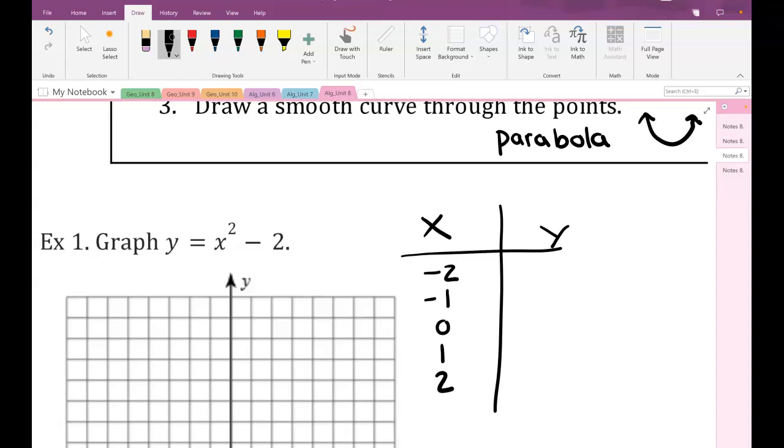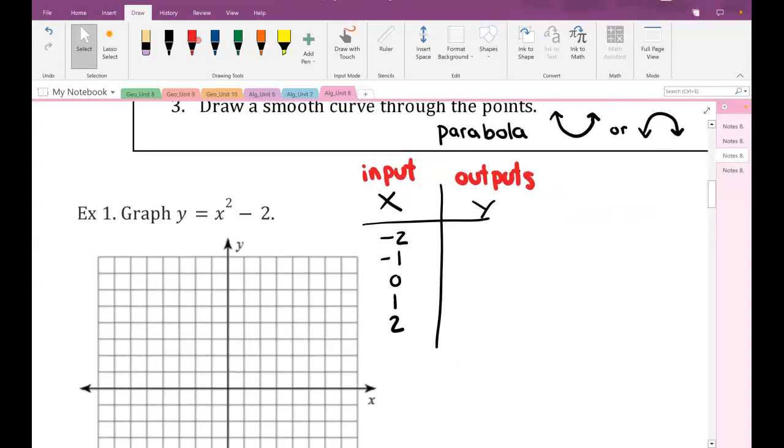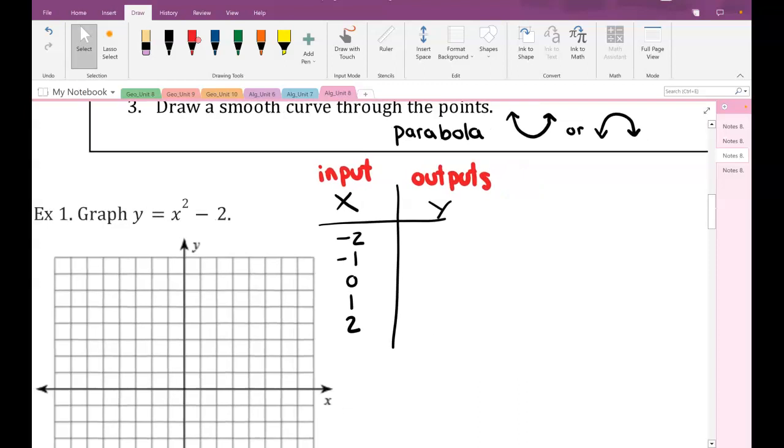We have to now go through our steps, plug all of our inputs in, and these are our inputs. When we plug them in, we get outputs. So, we'll go through and do some calculations.